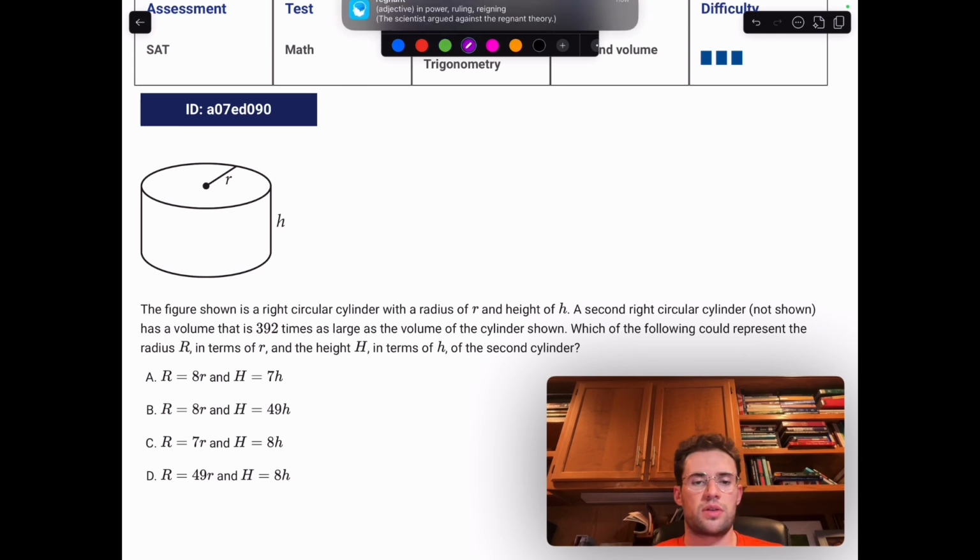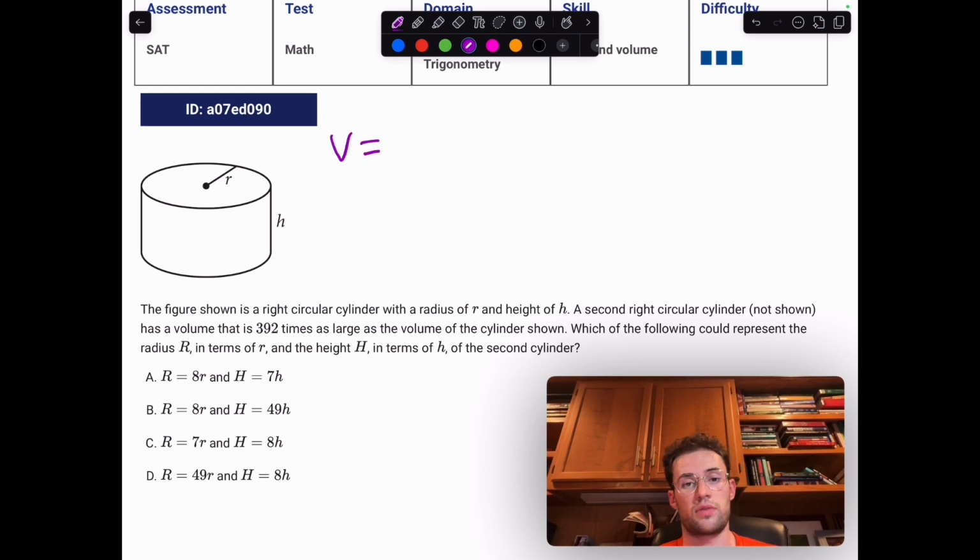All right, well first the volume of a cylinder is going to be the area of the base, which in this case the base is a circle if it's a cylinder, that's pi r squared, times the height. All right, so the volume of this cylinder is pi r squared times h, because we have r for the radius, h for the height.